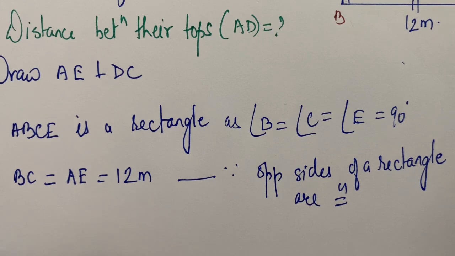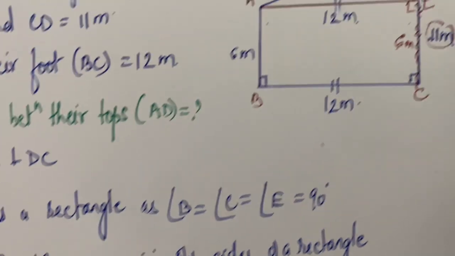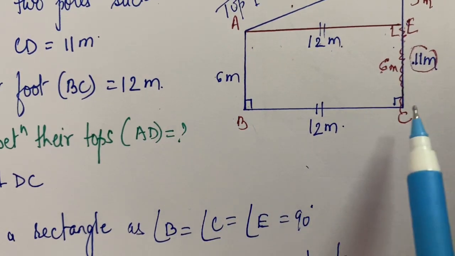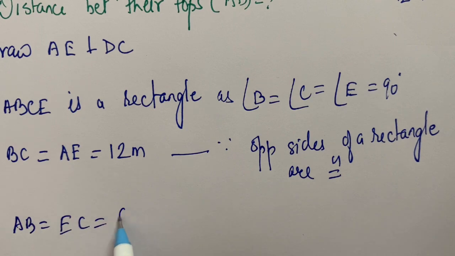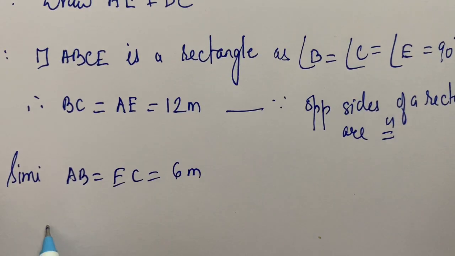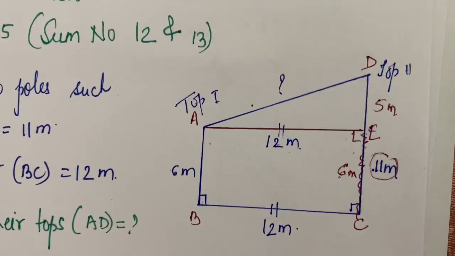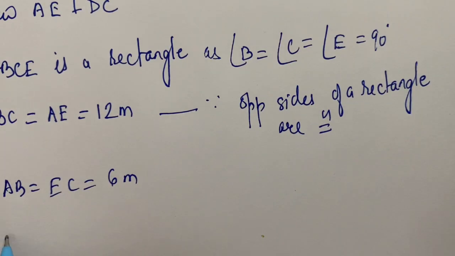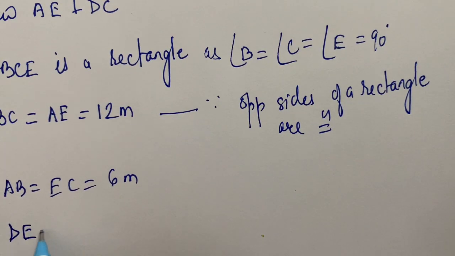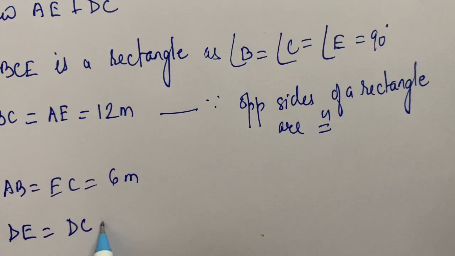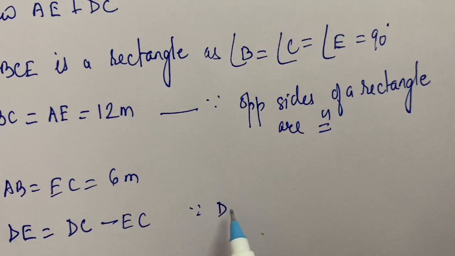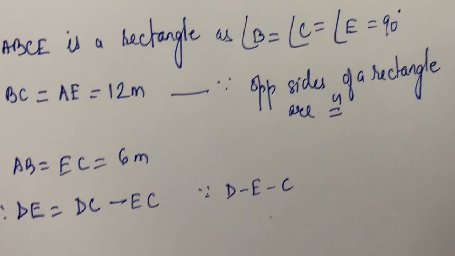Similarly, you will have AB equal to EC. AB equal to EC is equal to 6 meter. Therefore, length DE will be equal to DC minus EC, since D-E-C are collinear.